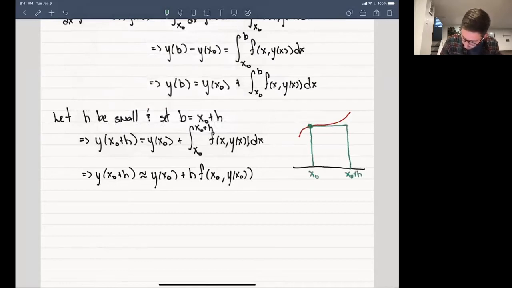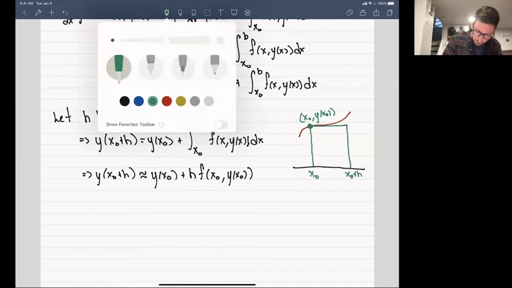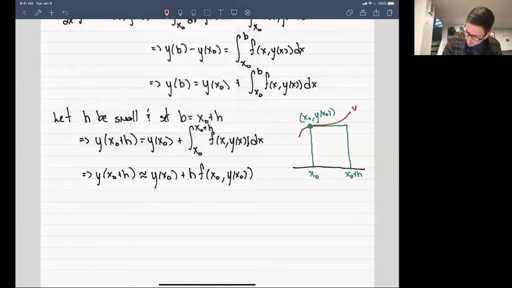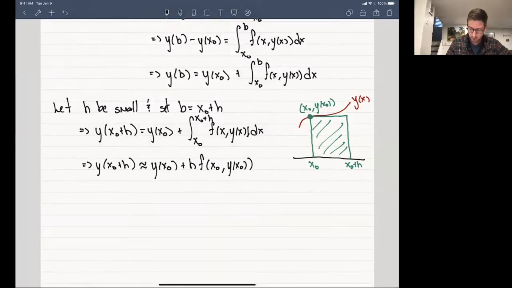And so here's the point, x0, comma, y of x0 on the curve y of x. So I'm just approximating the area under the curve using just one single rectangle here. But essentially what that tells me is that I can get myself h units away from where I started just by knowing what's happening at x0.